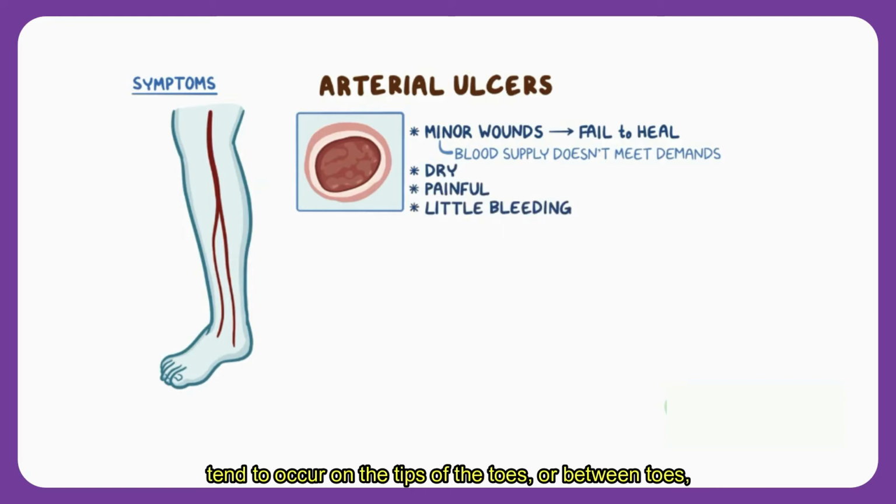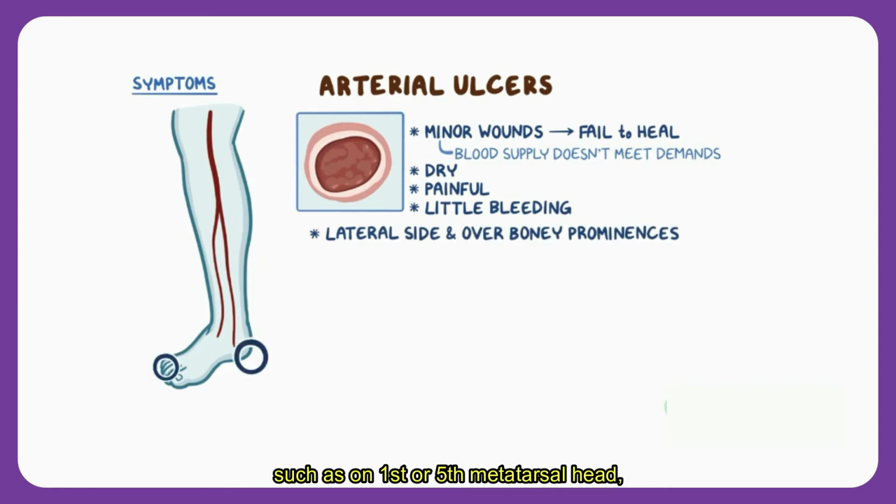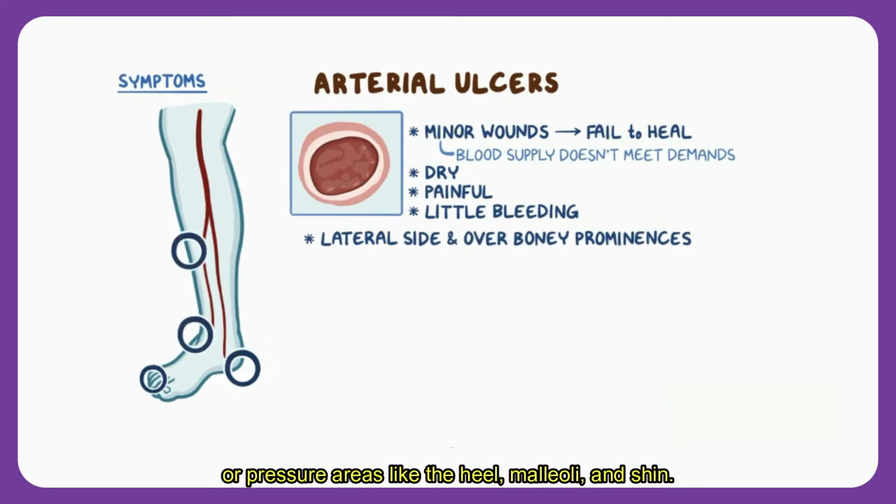They tend to occur on the tips of the toes or between toes, the lateral side of the leg, and over bony prominences, such as the first or fifth metatarsal head, or pressure areas like the heel, malleoli, and shin.